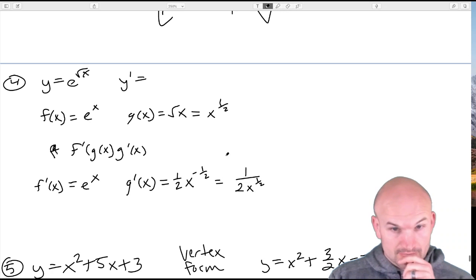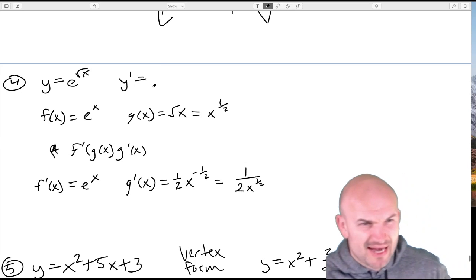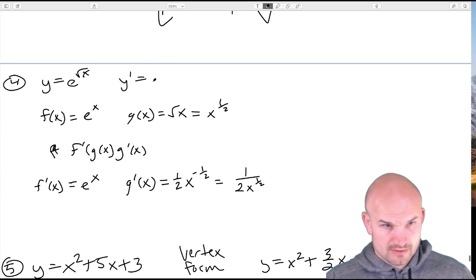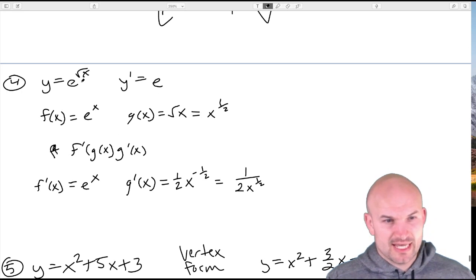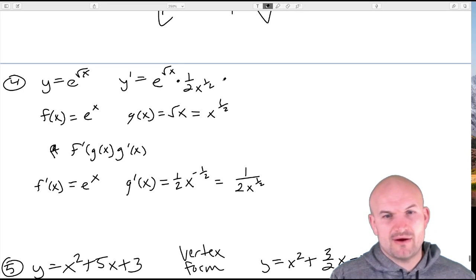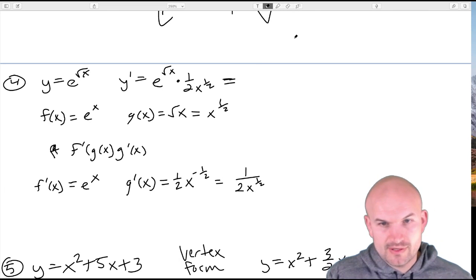So now, finding y prime, that is going to be my f prime of g of x, which is e to the square root of x, times 1/2 x to the negative 1/2 power. So therefore, that's going to equal, if I write this as e to the square root of x, let's go a little bit lower.